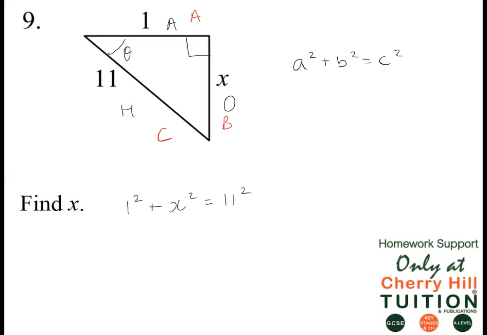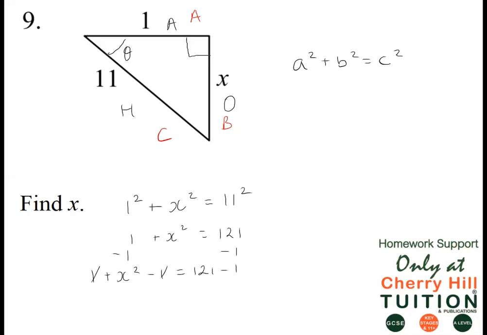Okay, so 1 squared is 1 plus x squared is equal to 11 squared, which is 121. And now we just need to rearrange and solve for x. So we can take 1 away from both sides, leaving us with 1 plus x squared minus 1 is equal to 121 minus 1.